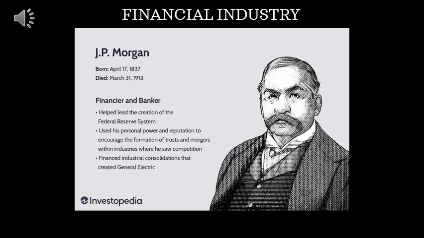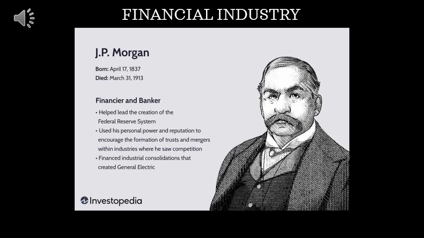J.P. Morgan, the father of the financial industry, was born April 17th, 1837, died March 31st, 1913. He helped create the Federal Reserve System still in use today, which safeguards our nation's finances. He used his personal power, wealth, and reputation to encourage the formation of trusts and mergers within industries where he saw competition.